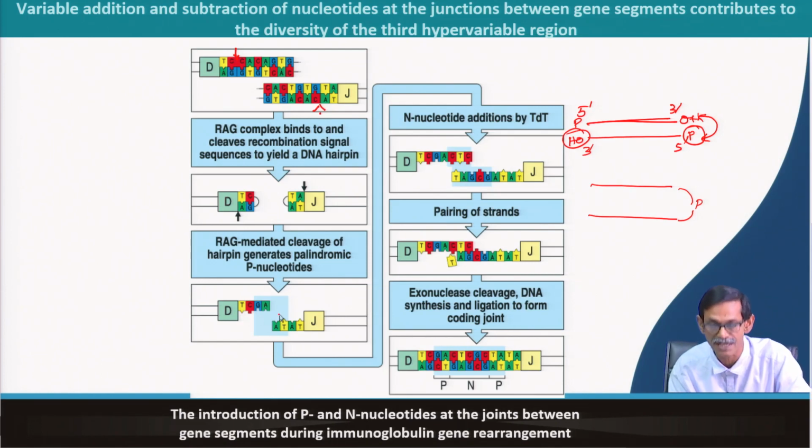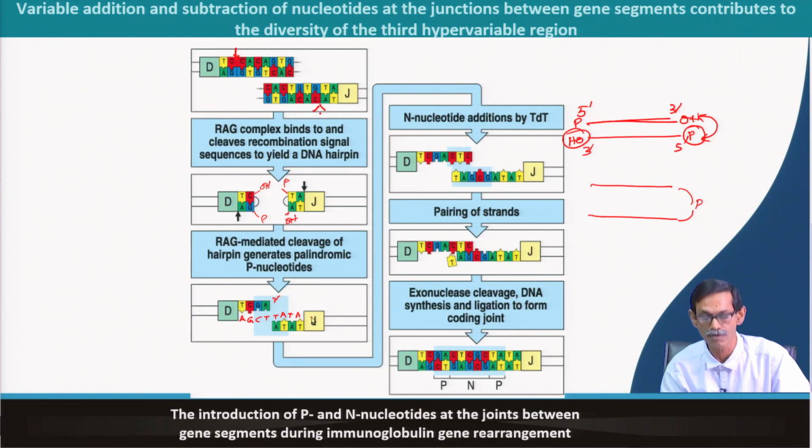Now, if this DNA is synthesized straightaway, because this is 3 prime, we will see A, G, C and T, and the same way we will see T A, T A. If you just join these two ends, there will be T C T A A G A T. It is supposed to be only 4 nucleotides, but now due to this cut and hairpin loop, instead of 4 it will become 8.